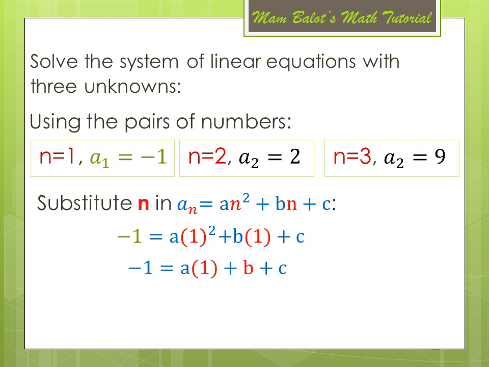From there we have 1 squared is equal to 1, then b times 1 is equal to b, and then a times 1 is equal to a. So therefore, our first equation is negative 1 is equal to a plus b plus c.